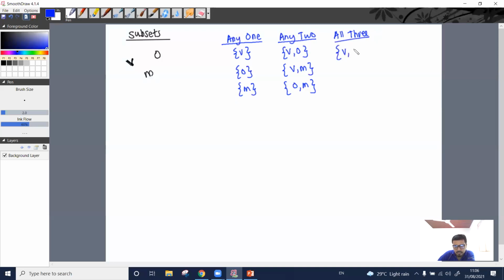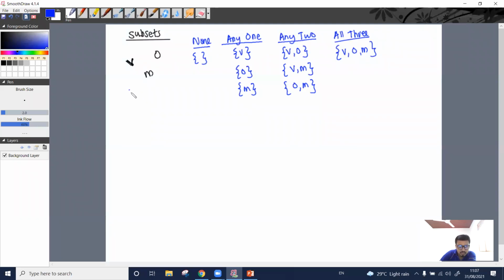You can select V, O, and M: vanilla, orange, and mango. Are these the only options that we have? We can take only one vanilla, or we can take two, or we can take all three. Or else, what? If a doctor says not to eat ice cream these days, then none. None is also a part of this.